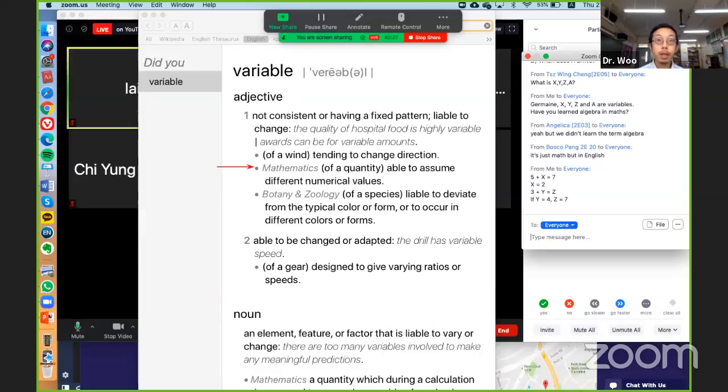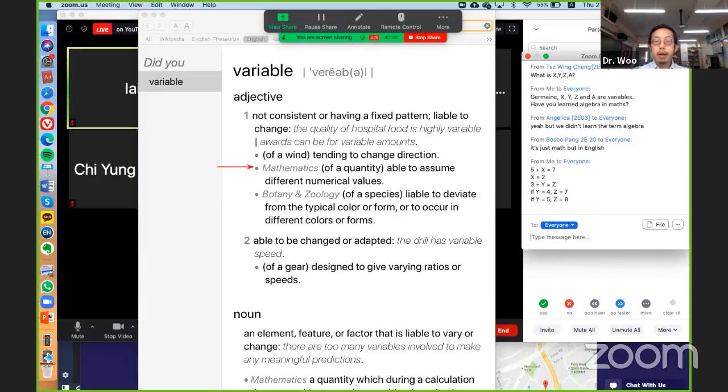Okay? So you see that these variables can change. They're able to assume different numerical values. If y equals 5, z equals 8. Okay? So just based on that equation, 3 plus y equals z, if you start changing one thing, then something else starts to change. So that's a variable.